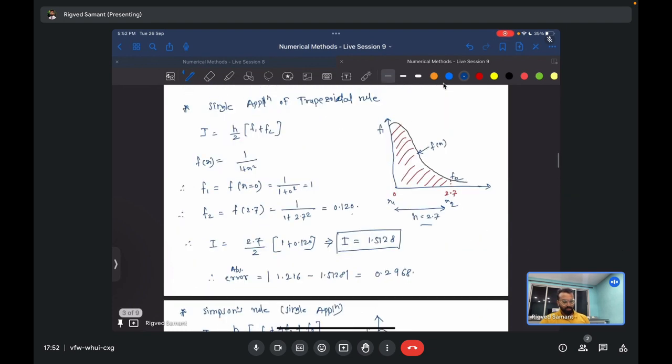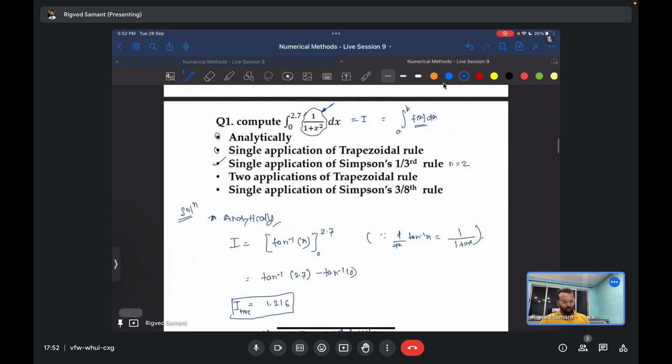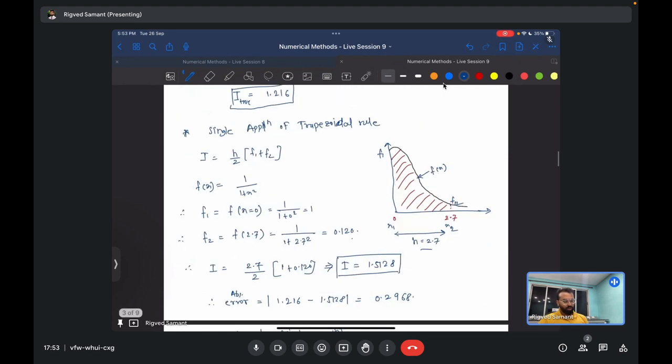Now what it is saying, you use two applications of trapezoidal rule. So here we used a single application. If you want to consider two applications, you have to consider two segments or two intervals.